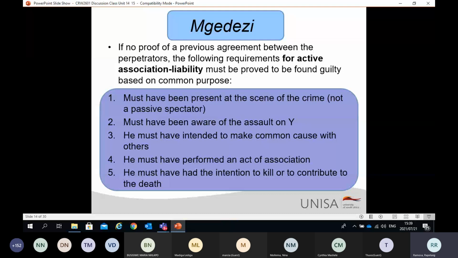So the two accused particularly were found guilty, and their matter went on appeal all the way to the Constitutional Court. The evidence against each of the accused was such that one of them was found only to have, as his act of association, picked up spent cartridges from the shots that were fired by those he was moving along with.